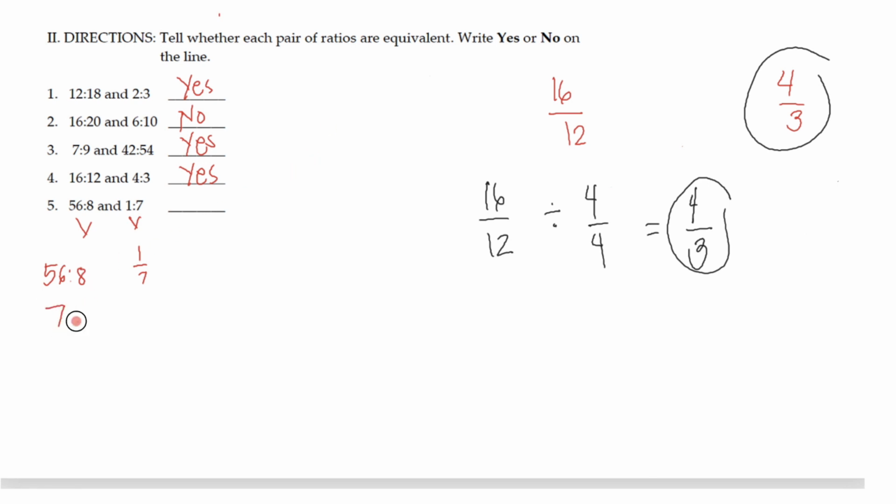Or 7 is to 1. So, tandaan ninyo na 1 is to 7 and 7 is to 1 ay magkaiba. Kasi po, it matters ang location ng dalawang number kung sino yung mauuna sa kanila. Okay? So, we have the answer no.